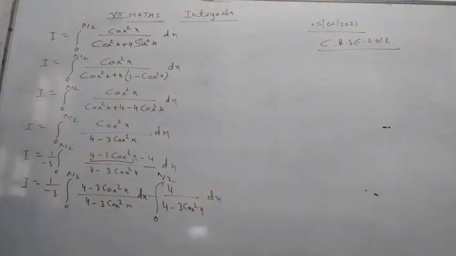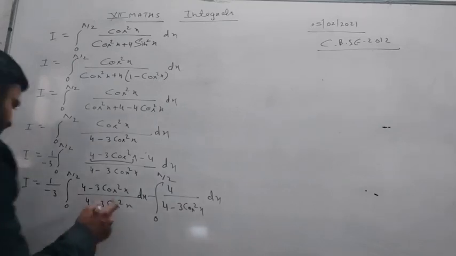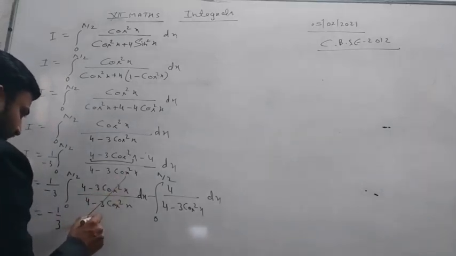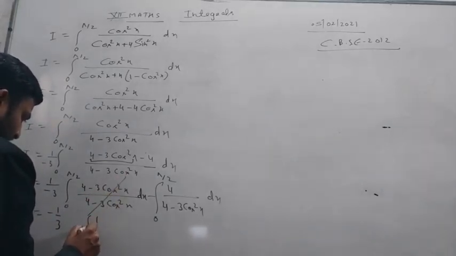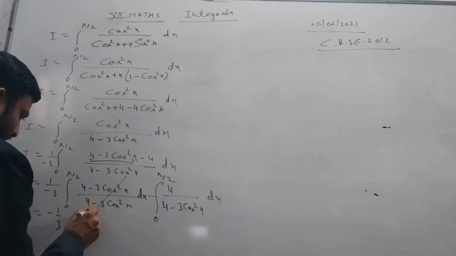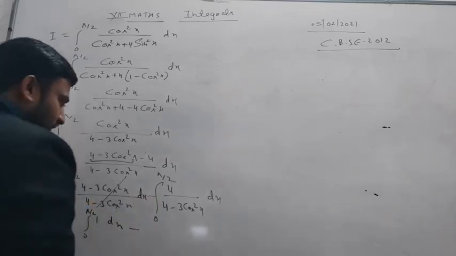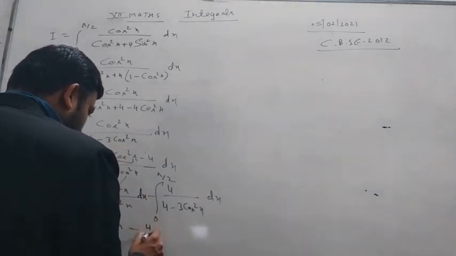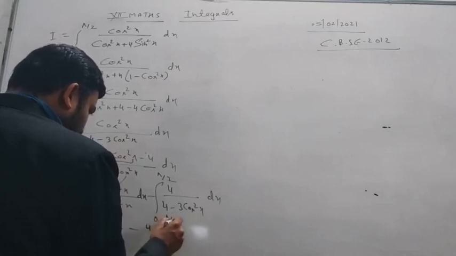Okay, students, we see that our first part is going to cancel, and the second part we will integrate. Now, students, I is equal to minus 1 by 3. Here it will cancel, giving 1, and the integration of 1 dx from 0 to pi by 2.